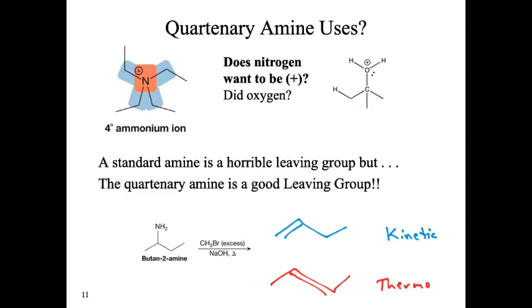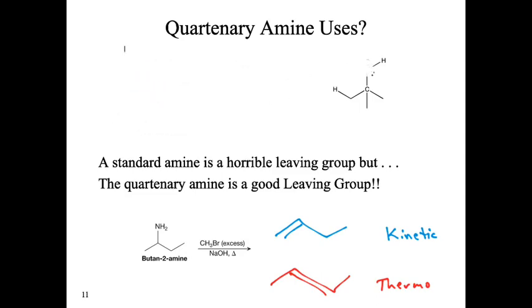When going through and doing elimination reactions, it was observed that we almost exclusively get the thermodynamic product. Okay? Who observed that? Chem 1 knowledge. Old white dude, fair enough. Old Russian dude. Try again. Zaitsev.